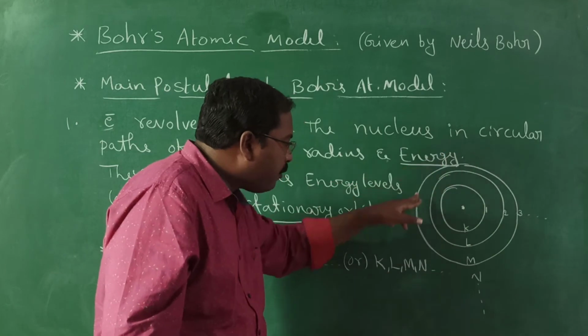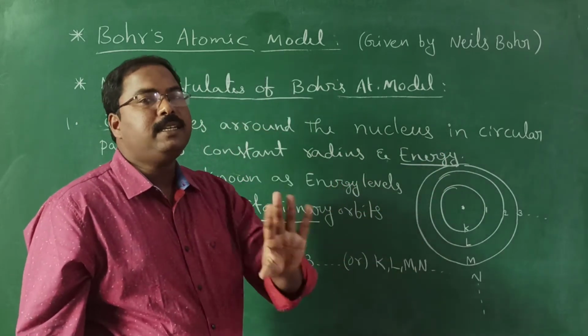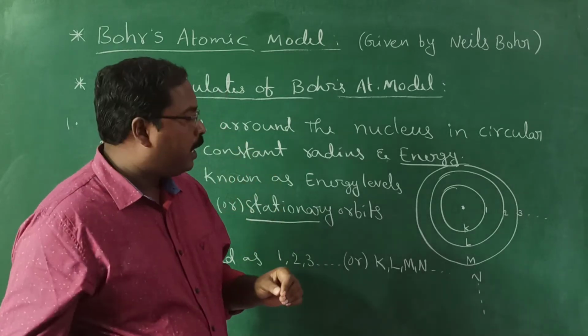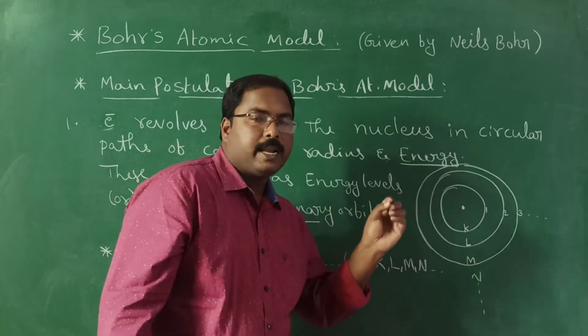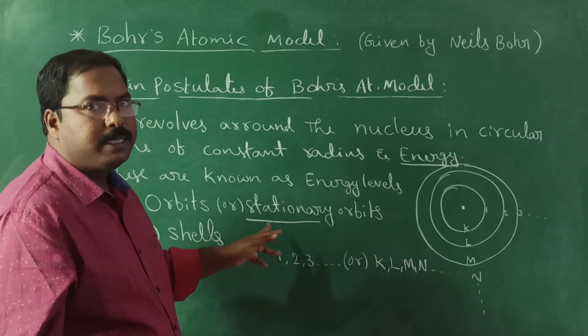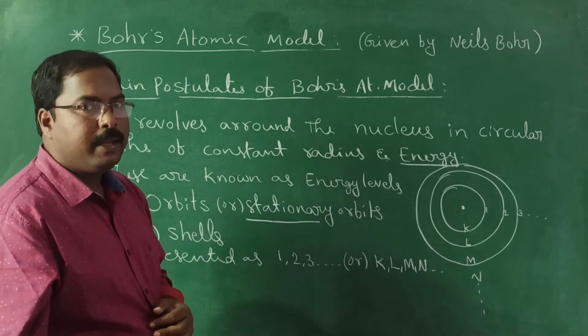When the electron is revolving in a particular orbit, its energy is fixed, constant. I will write that point clearly. These circular paths are named stationary orbits or energy levels, also known as shells.